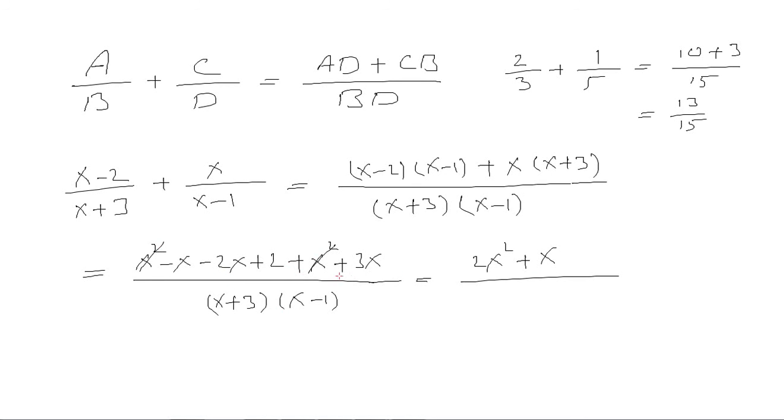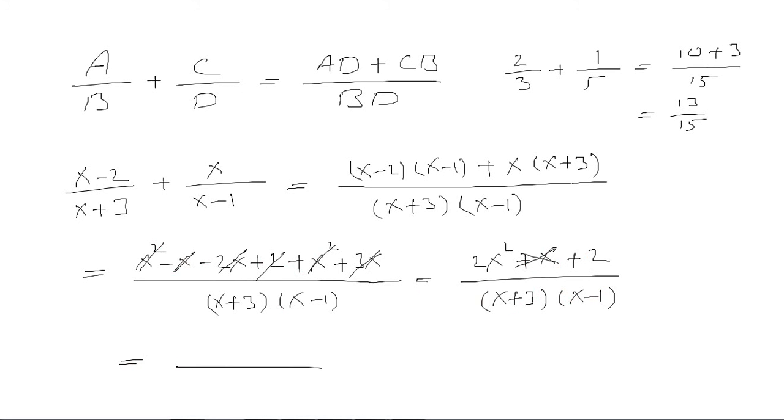No, wait a minute, I have a negative x here, so this and this and this cancel, so I don't have this part, plus 2 over x plus 3 x minus 1.